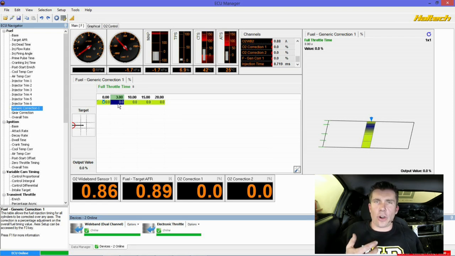So on the road, under normal use, probably chances are we're not going to be at full throttle for much more than sort of 5 to 10 seconds.